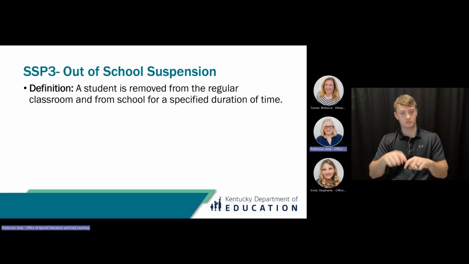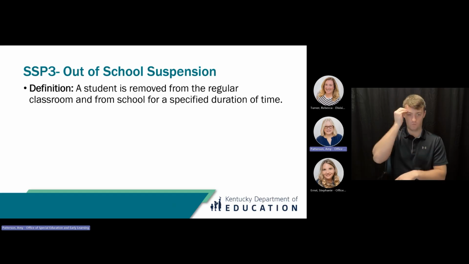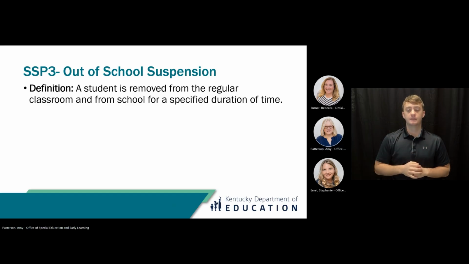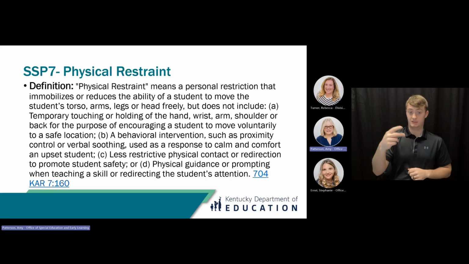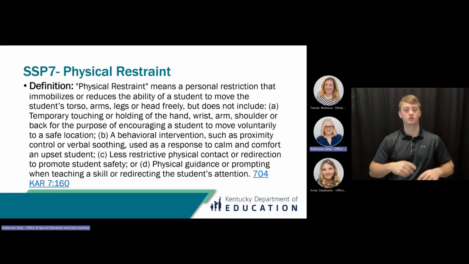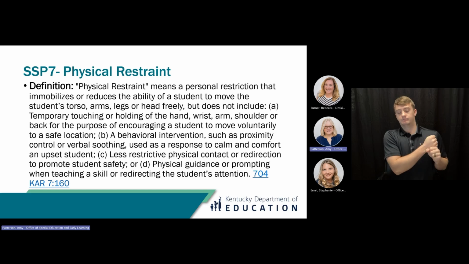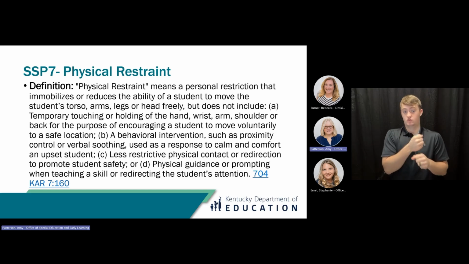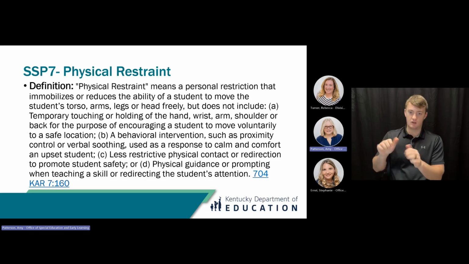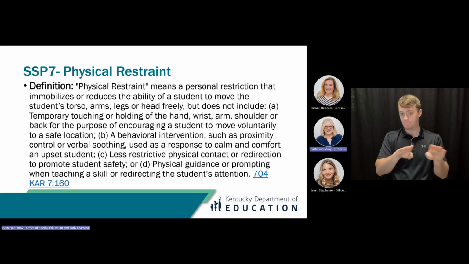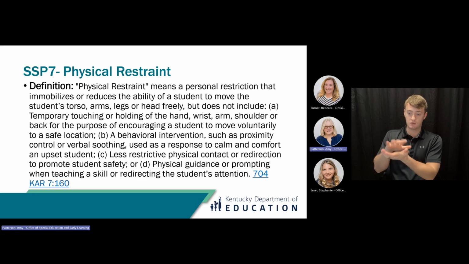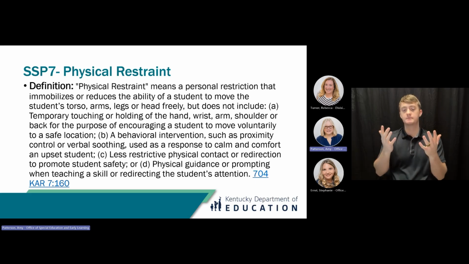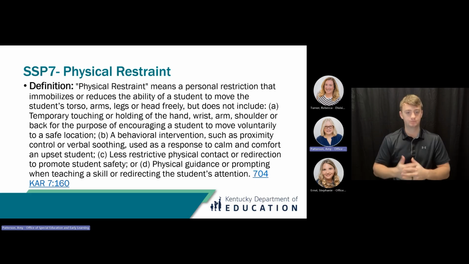SSP3 is an out-of-school suspension. Typically, a student is sent home. SSP7 is physical restraint. Please just make sure when you are documenting a physical restraint that you document everything objectively, and that you complete the behavior resolution document to make sure everything is being done appropriately.